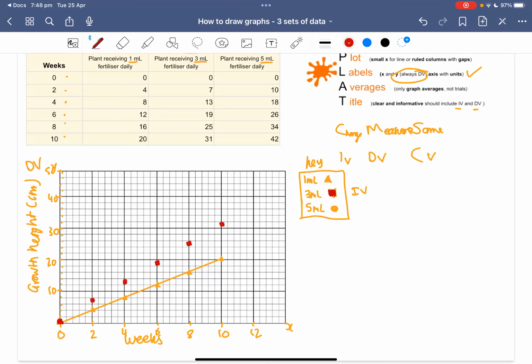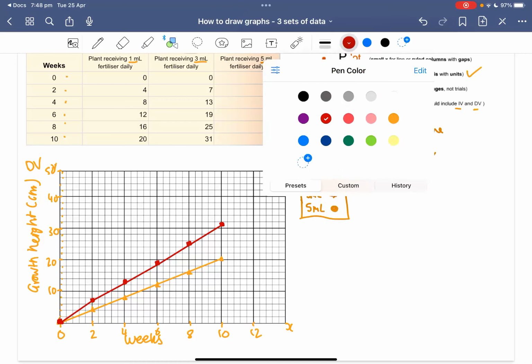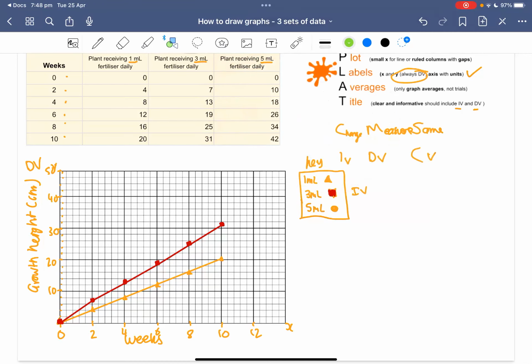And then once again, I'm going to make sure I use my ruler to draw a straight line between each of these data points. Okay, and then lastly, I'm going to use a different color again just to make it really easy for you. Okay, you're allowed to do that in exams as well, guys. For 5 mils, once again, it started at 0.